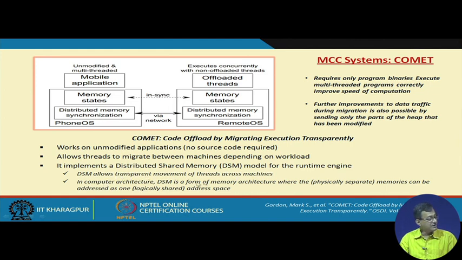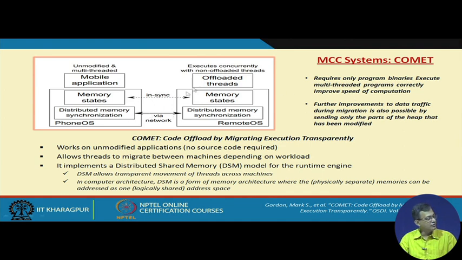In computer architecture, DSM is a form of memory architecture where physically separate memories can be addressed as one logically shared address space. That is the core of it, a very quick view of what DSM says. So, likewise there is a phone OS and a remote OS.